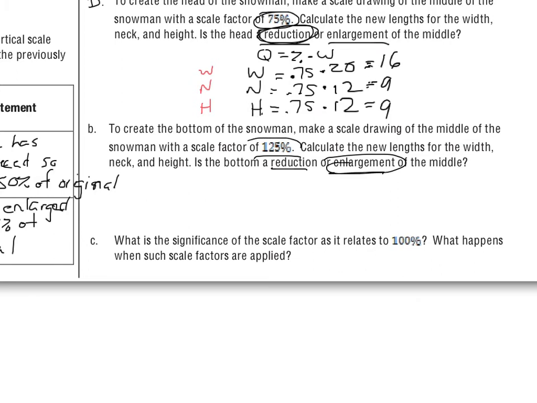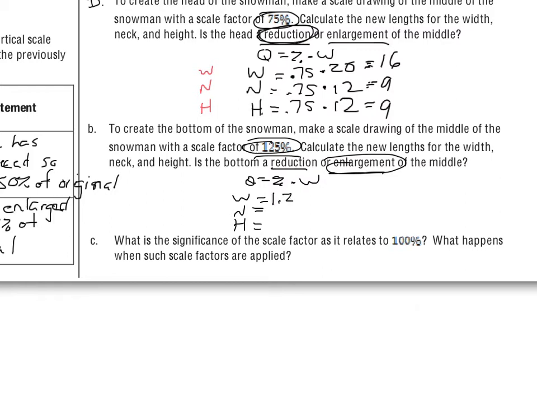The reason is that it's 125%, which means it's 100% of the original plus some more. So when we use our equation, Q is equal to percent times whole, for our width, neck, and height, this is going to be 1.25.